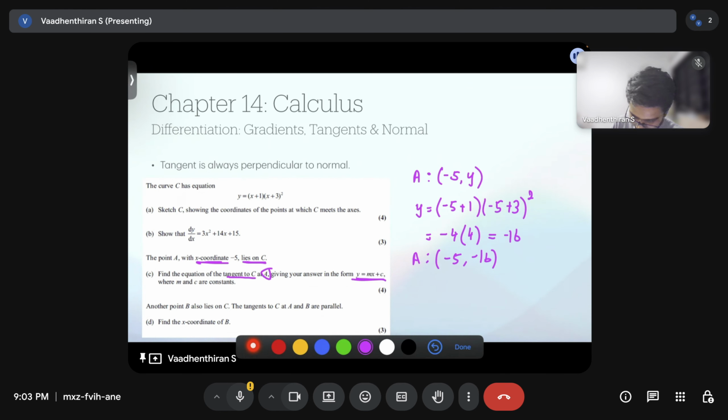Now they're asking to find the equation of the tangent. When you find the tangent, you find the gradient. Basically, they have given you the differentiated form from part B, you can just take it.